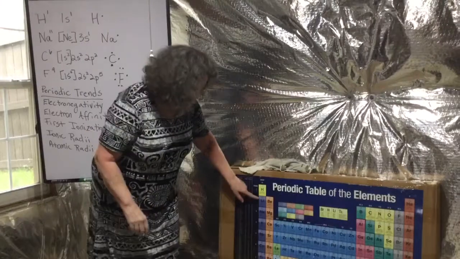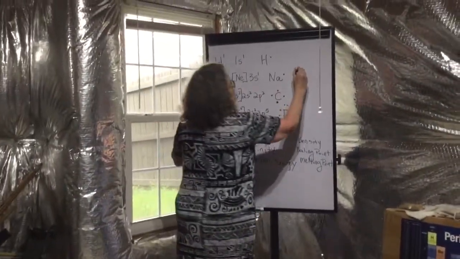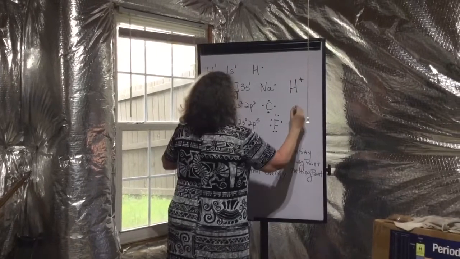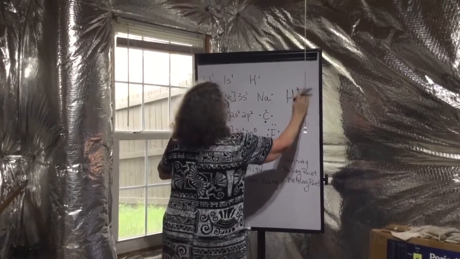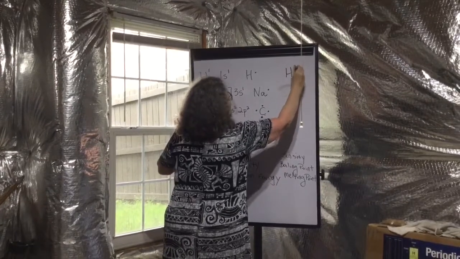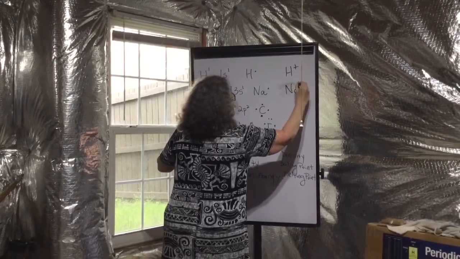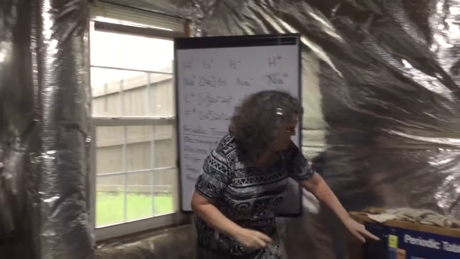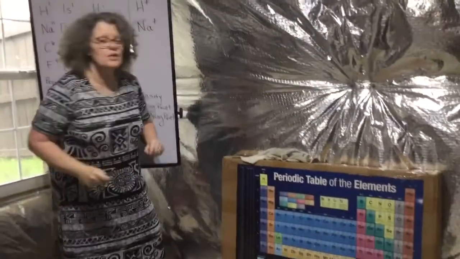So group 1 tends to form positive 1 ions. Group 2 tends to form positive 2 ions. Now we're skipping transition metals, okay?